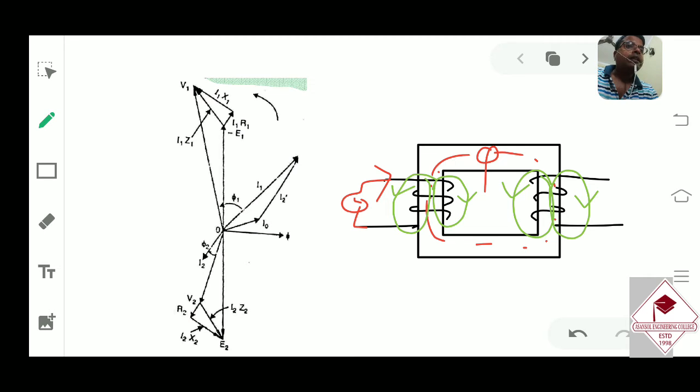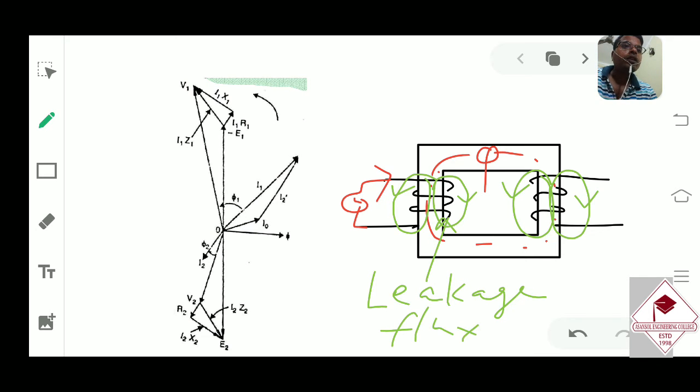And the common flux is this one, that is phi, which is shown with the red ink. That is the common flux which is linking to both the windings. That is why these fluxes are known as leakage flux.